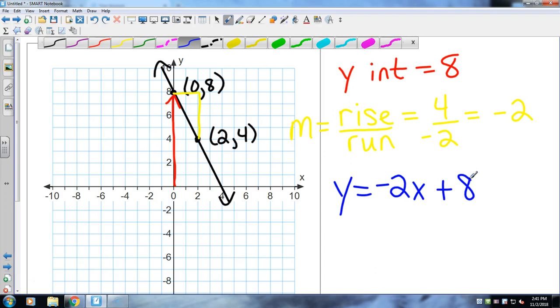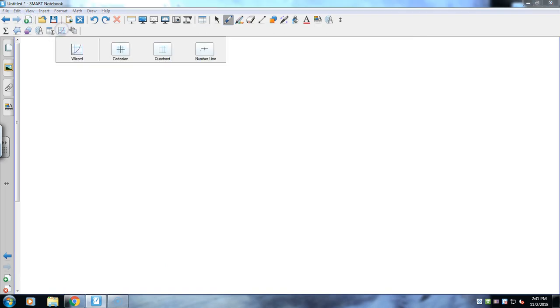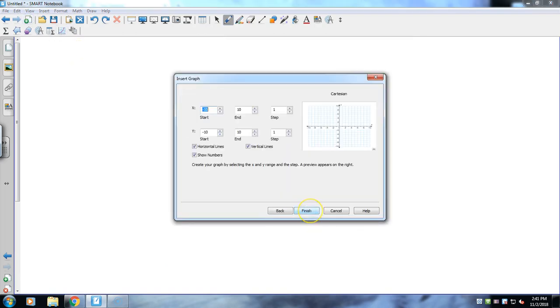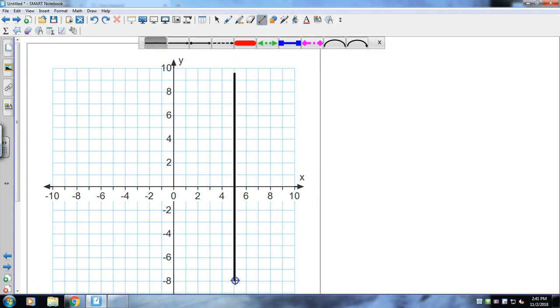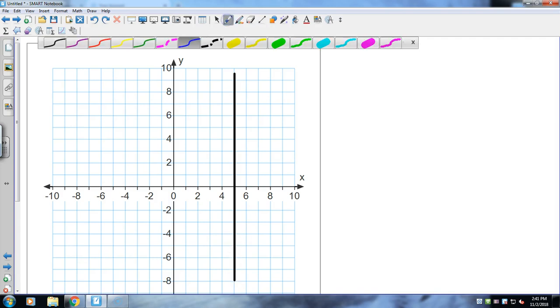Now, let's take a look at some that might look a little bit different. What if I had this line? We all know what that is. We know that's a vertical line. And so a vertical line is just x only.